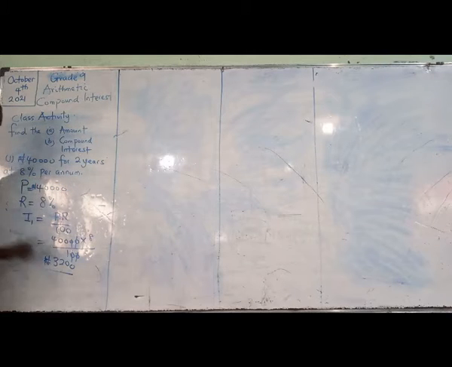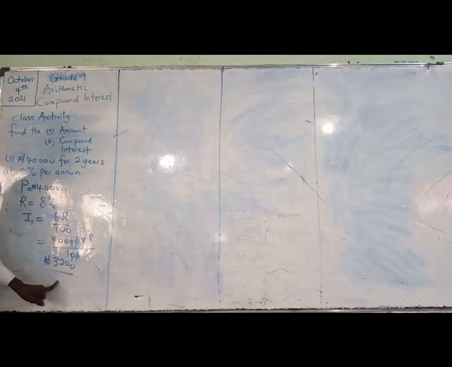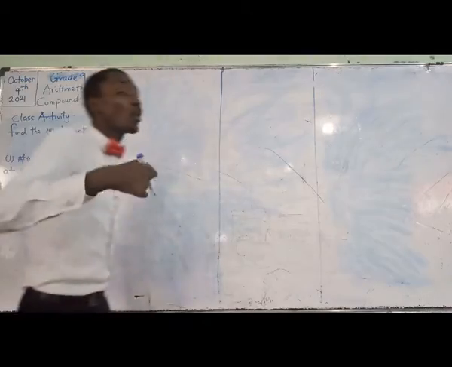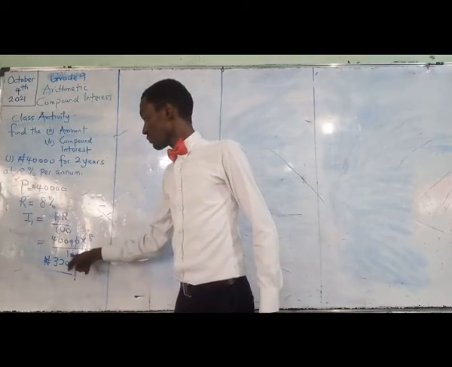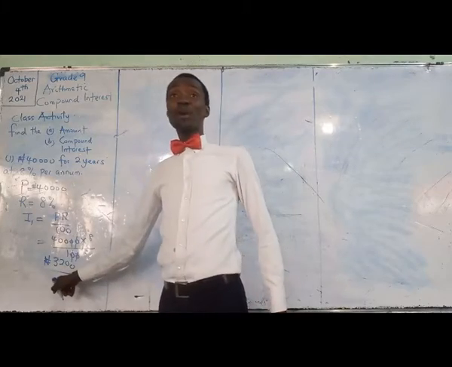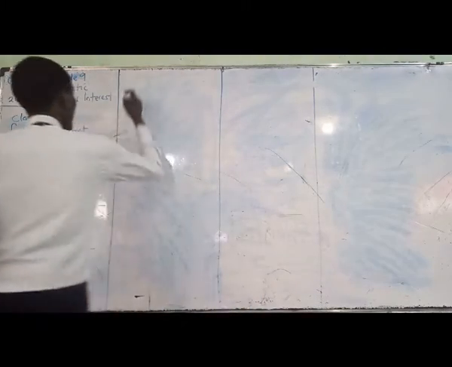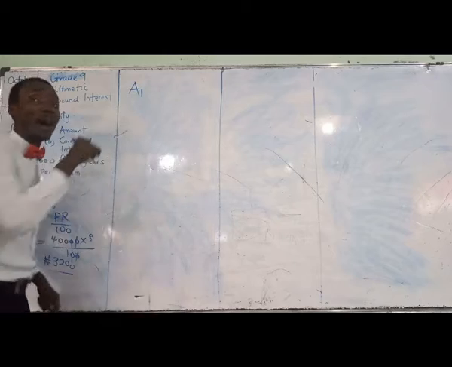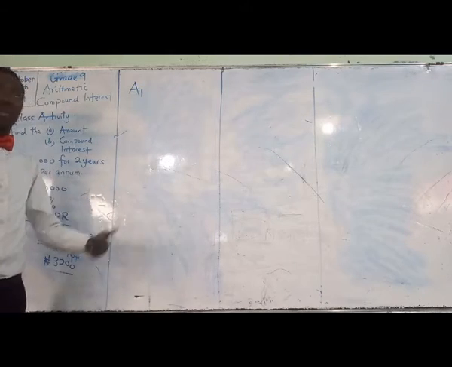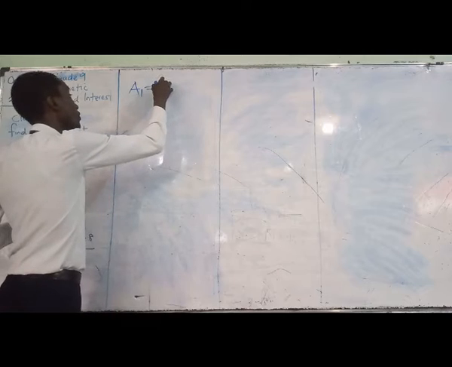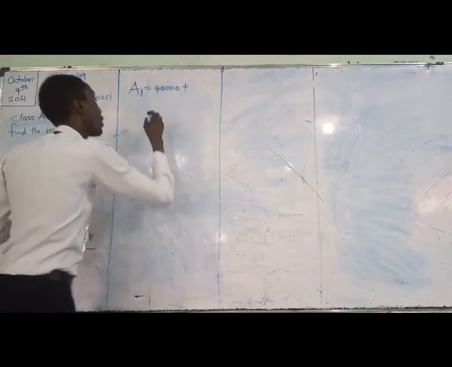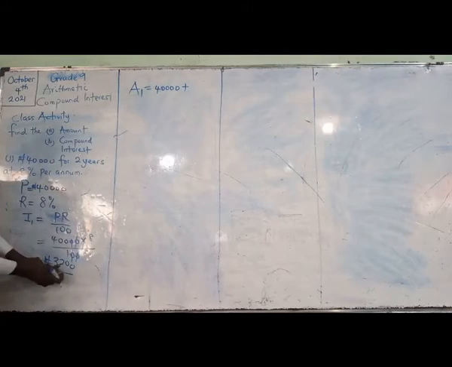3,200. So this is the interest for the first year. Now, what is the amount at the end of this year? So I can come here and say A1, which is the amount after the first year, and that will be equal to the principal, 40,000, plus the interest.